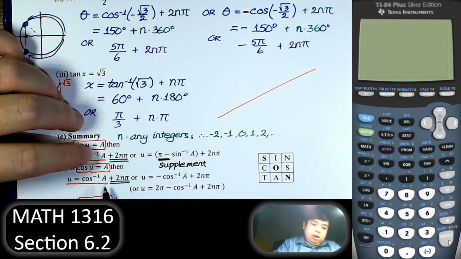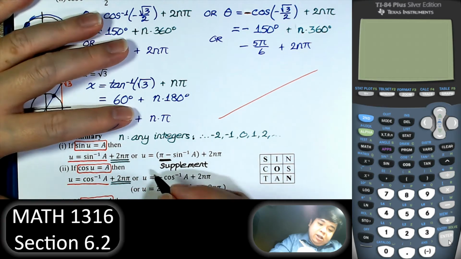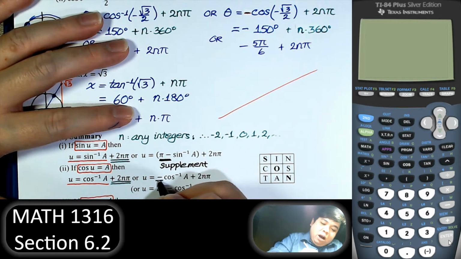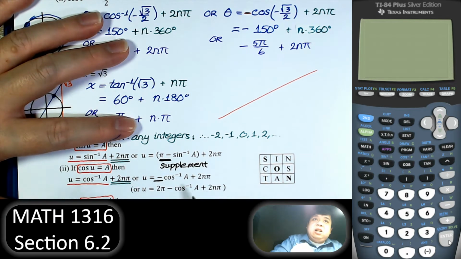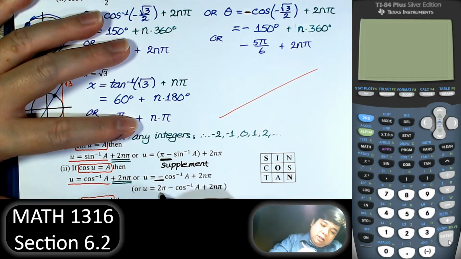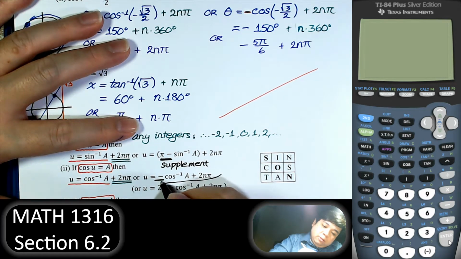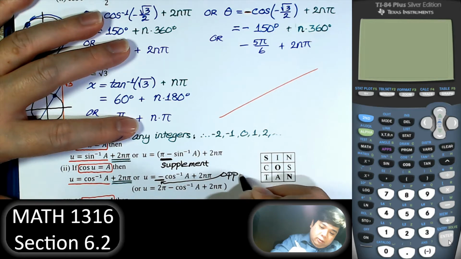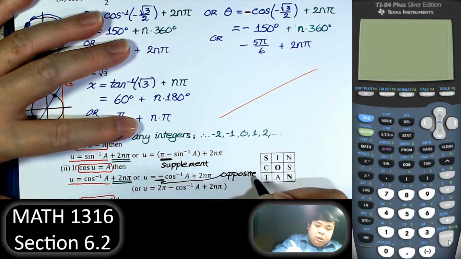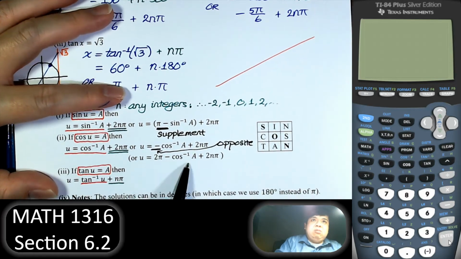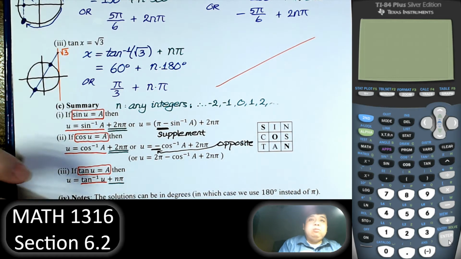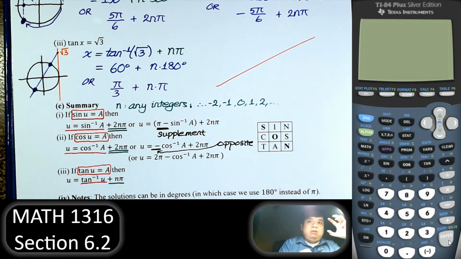For cosine, we have the cosine inverse, and then with the minus here, the opposite. Some other books write the solution like this, but I don't want to write it like that.